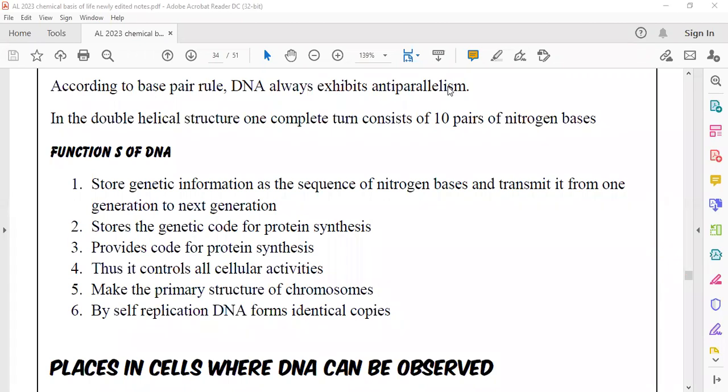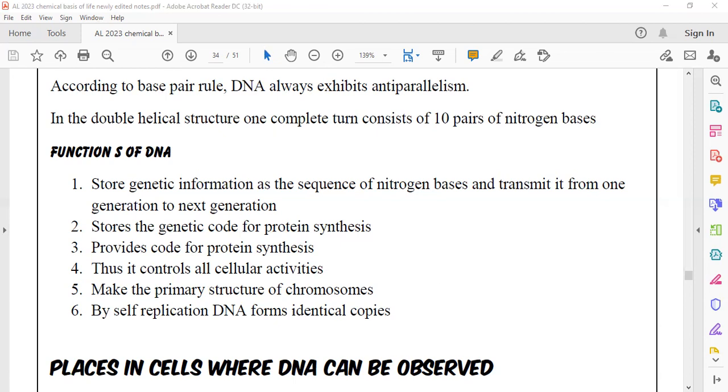Once you come to the fourth one, it stores the genetic code for protein synthesis, provides the code for protein synthesis. Both of them are telling the same idea. Fourth point, it says, thus it controls all cellular activities.